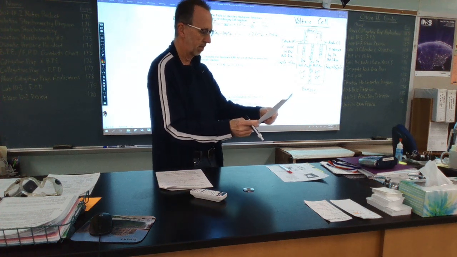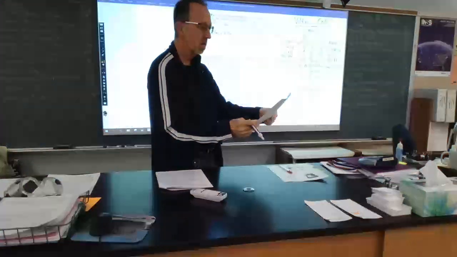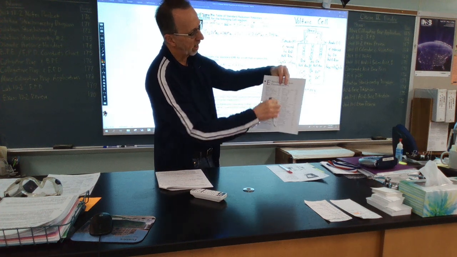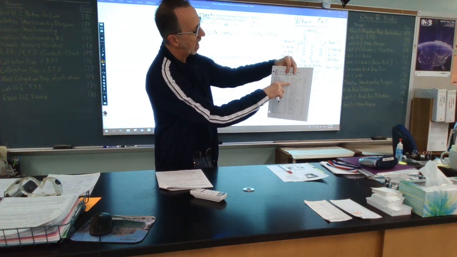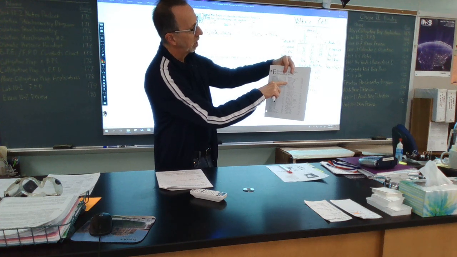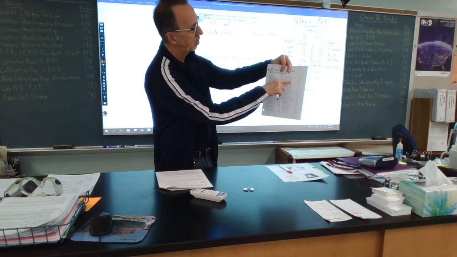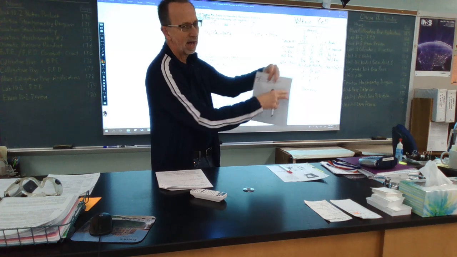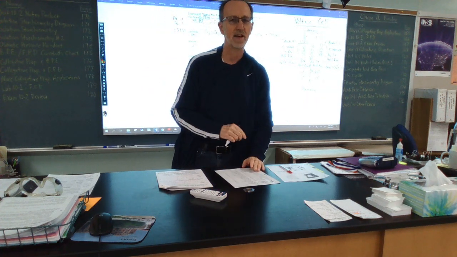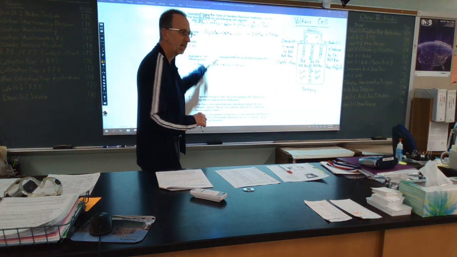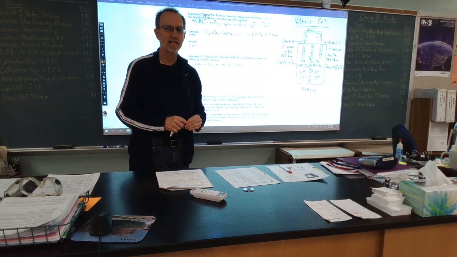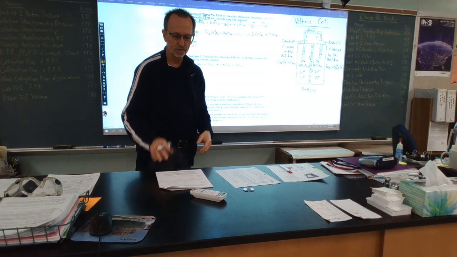And if we look up on the chart, it's right up here on the right side, fairly close to the top. You'll see I2 solid plus 2 electrons yields 2 I minus. That's the reduction half reaction. For us, we're using that as an oxidation half reaction. So we're going to flip it around.